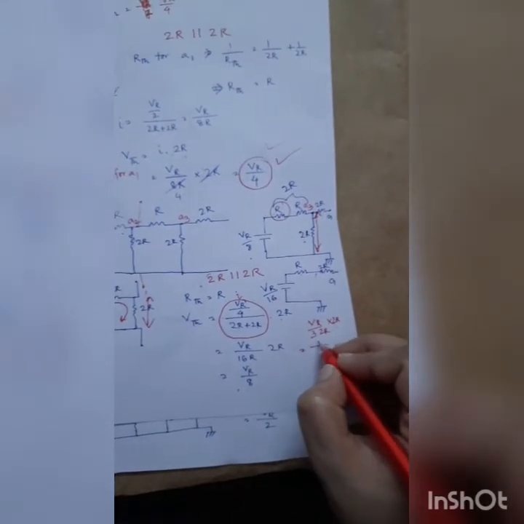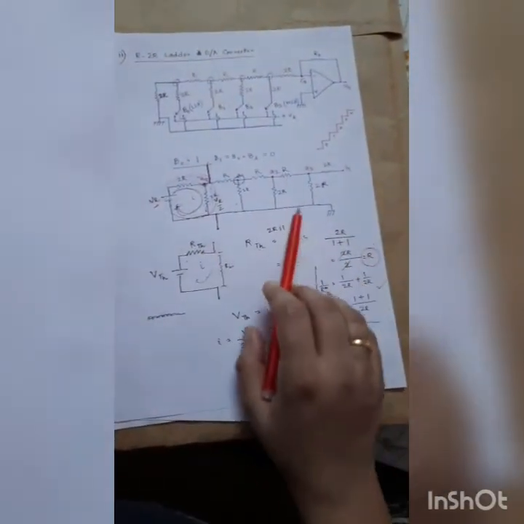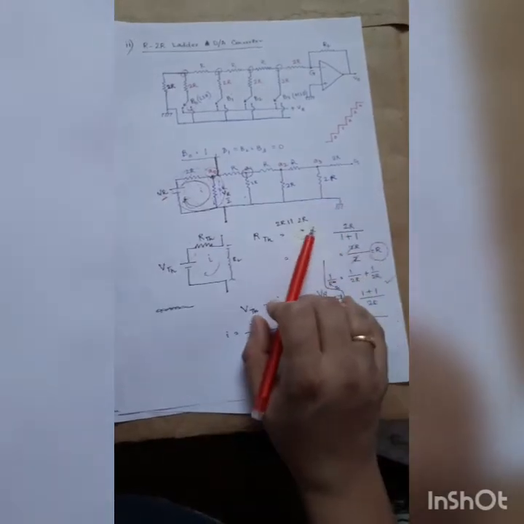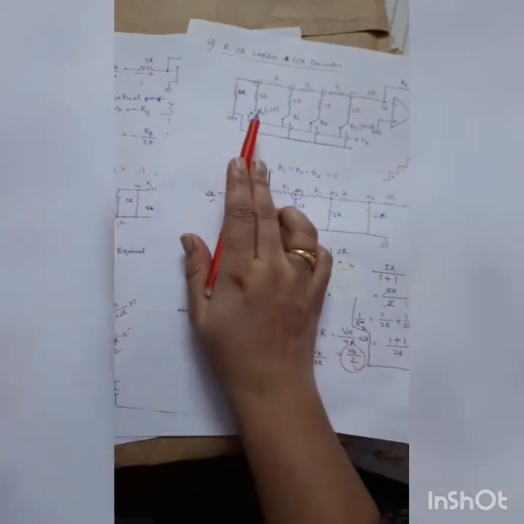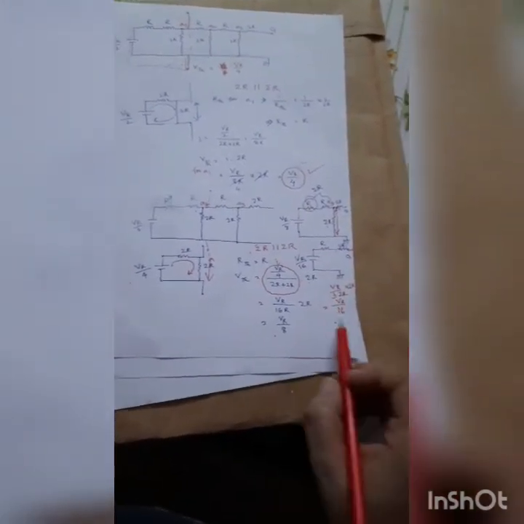So it will be VR by 16. So the equivalent voltage of this total part is VR by 16 basically. As B0, the least significant bit, is 1, the power supply VR, the reference voltage, will face the maximum resistance here.